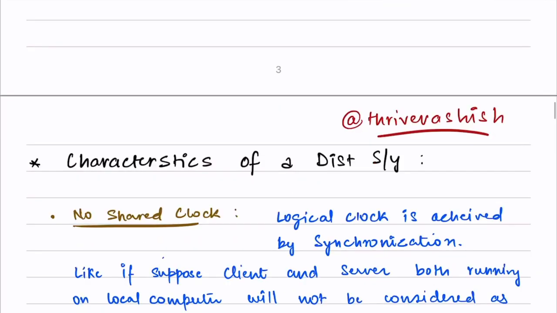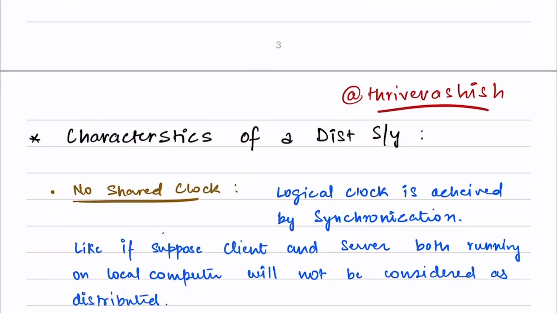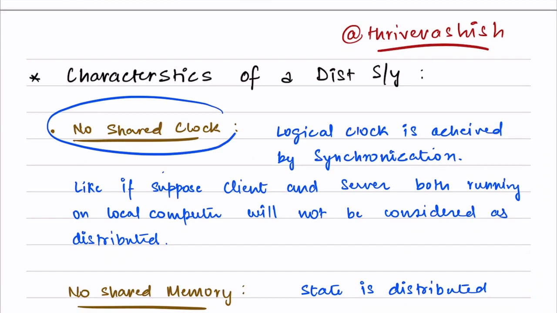Let's move on to the characteristics of distributed systems. The first characteristic is that there should be no shared clock. That means, let's suppose you have one machine, your computer itself, and you are running everything on it on localhost: the server which serves APIs is there, your database is also there, everything is in one system and they are sharing a clock.